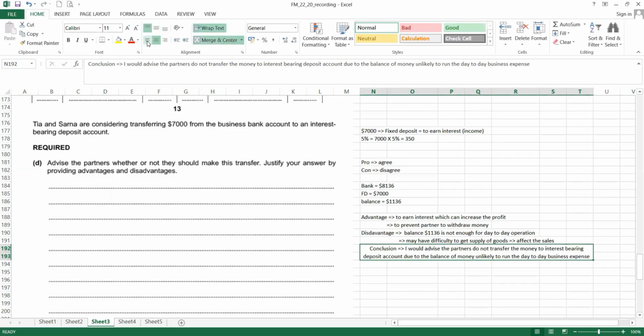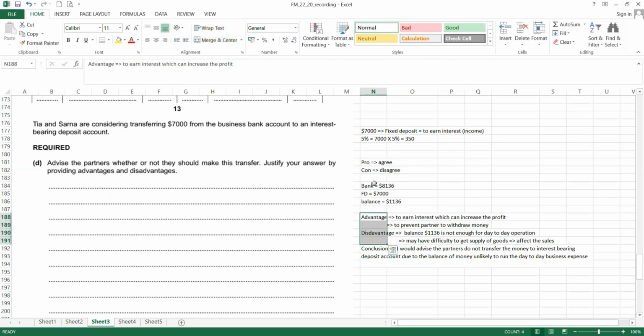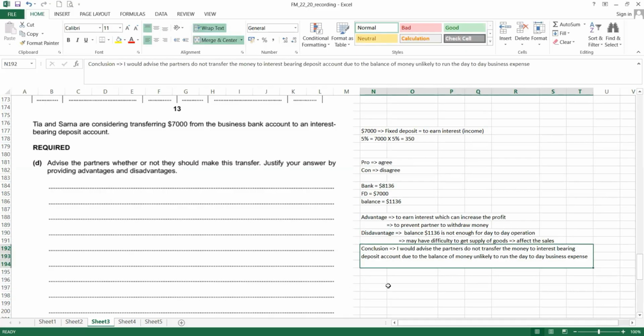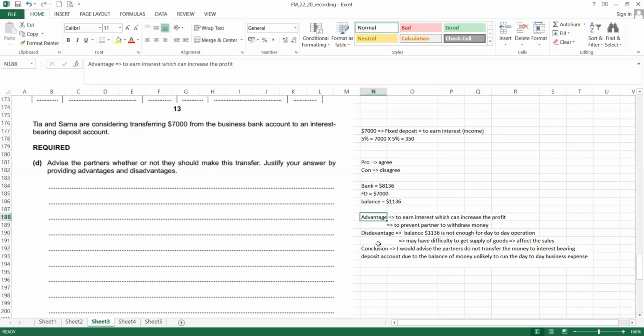So don't forget. When you have this type of question, always remember advice. After you advise, your advice is based on the fact that you can see. This is a fact that I can see. I can see the fact here, the money not enough. I can see the fact here, I can earn some income. So I use the fact to support my advantage, disadvantage. But last sentence, conclusion, up to your own individual preference. You think you like to support it, you support it.